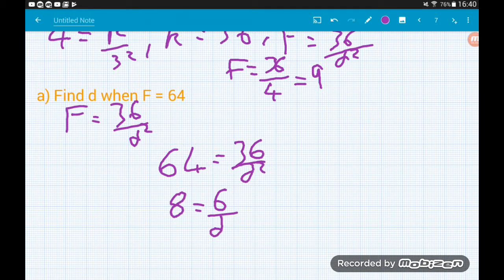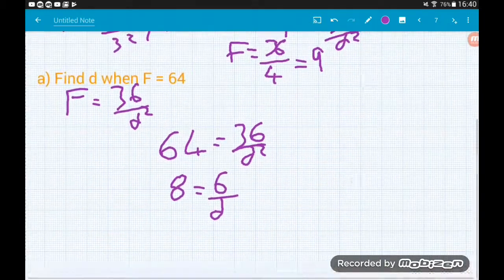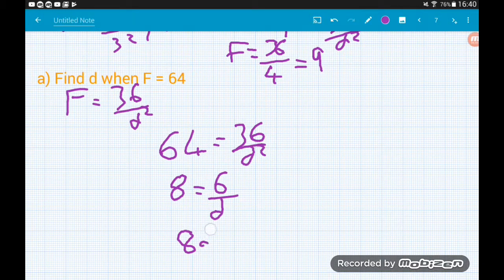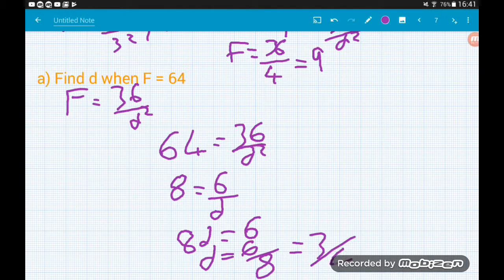Perfectly allowed to do that. If we multiply by the D, we get 8D equals 6. Divide by 8, we get D is equal to 6 divided by 8, which is the same as 3/4. So D is 3/4 when F is 64.